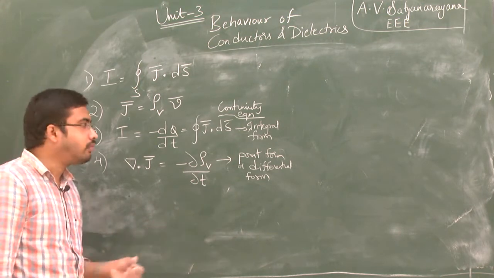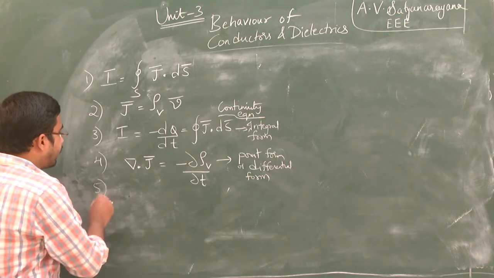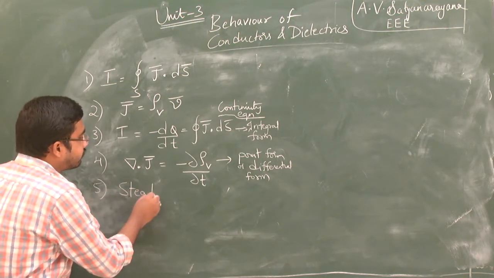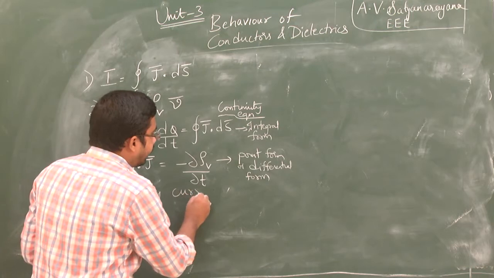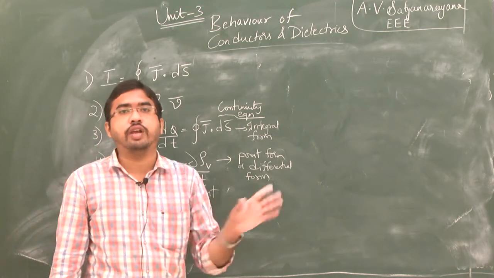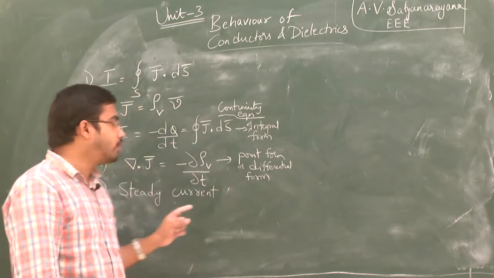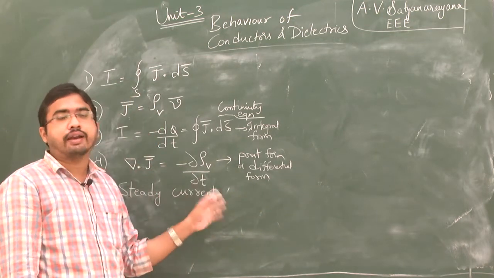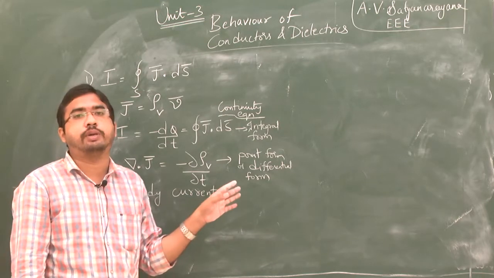Okay. Next, suppose if we take steady current, steady current means the current which does not vary with respect to time.